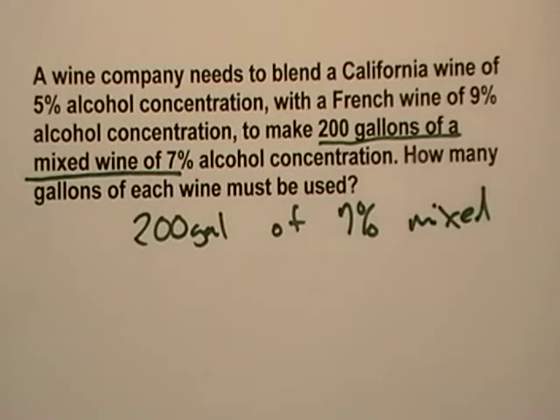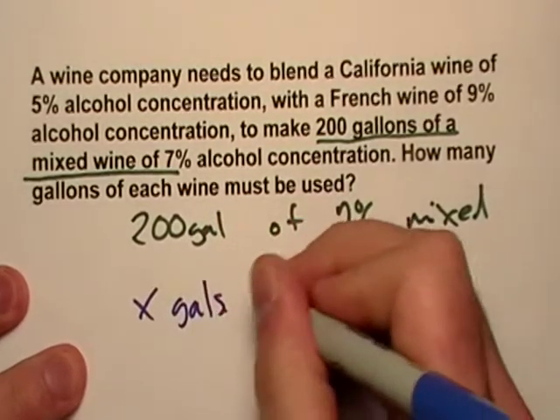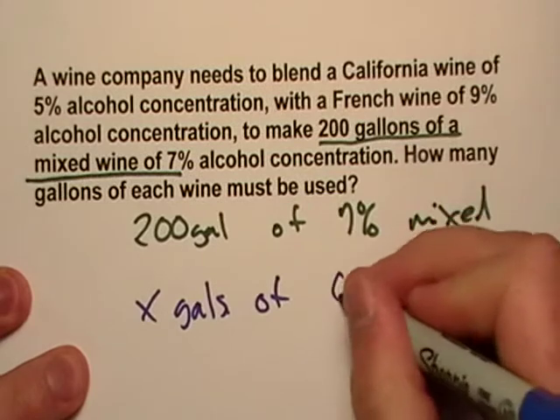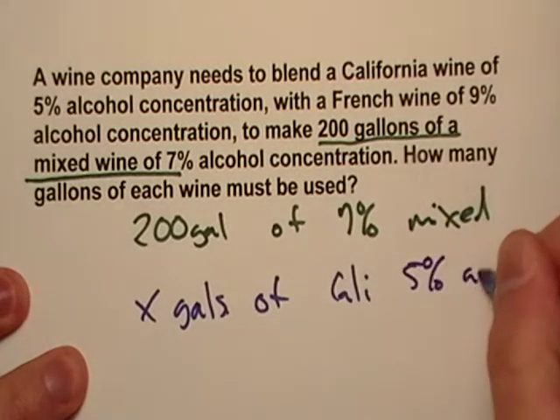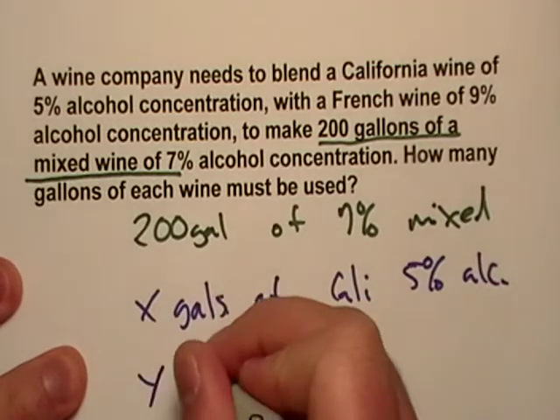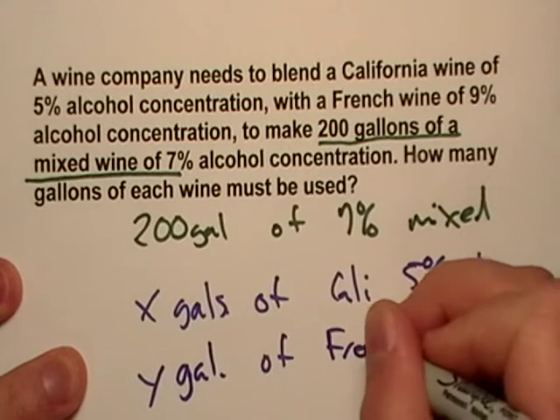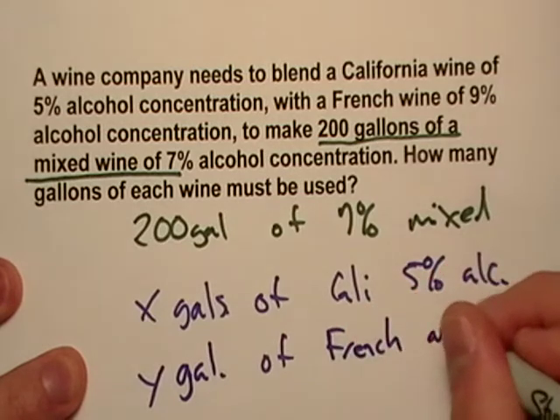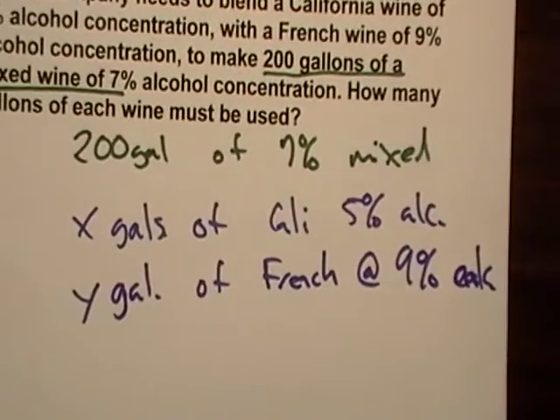But to do that, it looks like I'm going to need X gallons of Cali wine at 5%, and I'm going to need Y gallons of French wine at 9% alcohol.